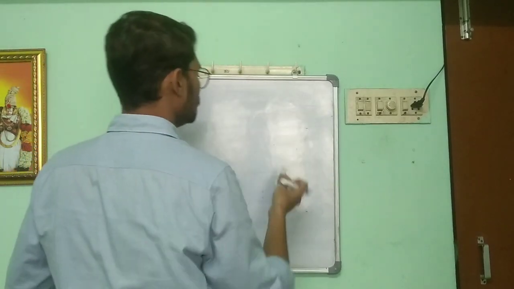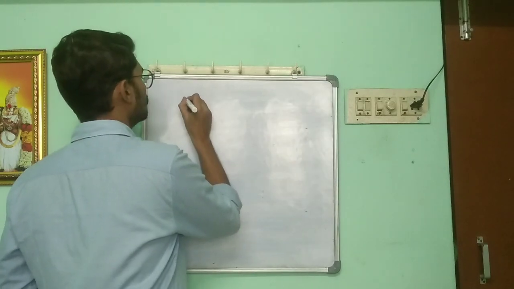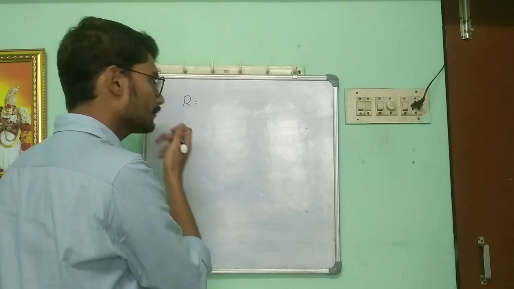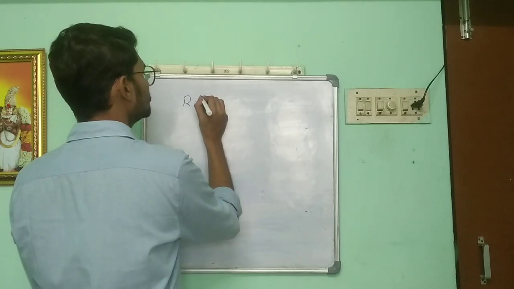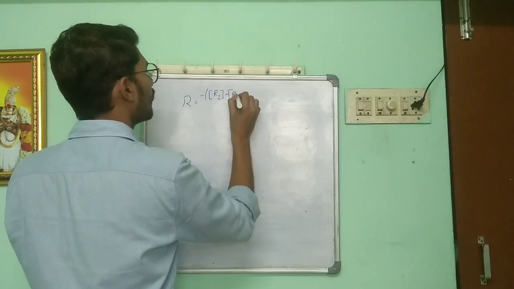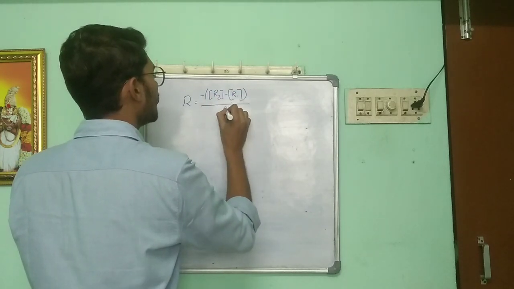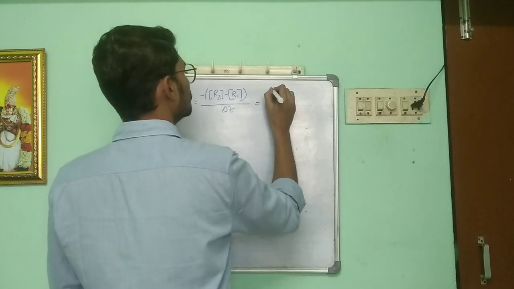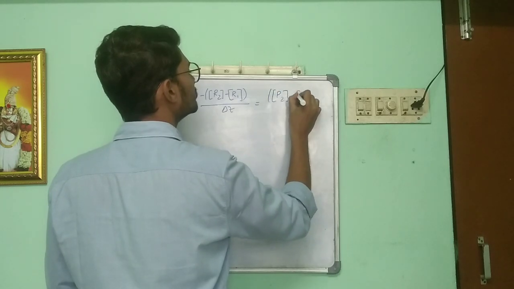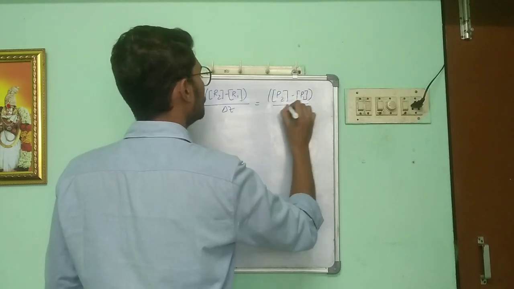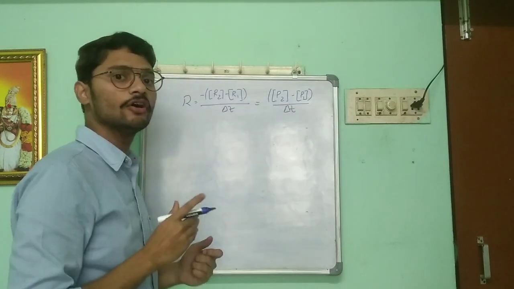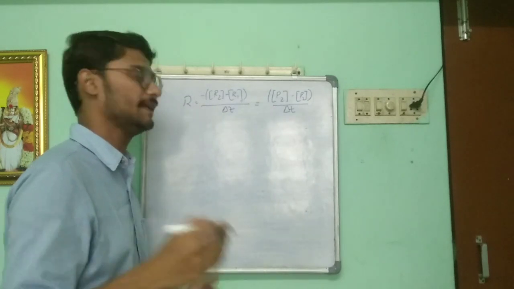Now let us try to understand in detail the different units of the rate. Rate is simply written as R. So the rate of disappearance is negative of R2 minus R1 divided by delta T. This also can be written as P2 minus P1 divided by delta T. We are putting a negative sign here because rate or concentration can never be negative.